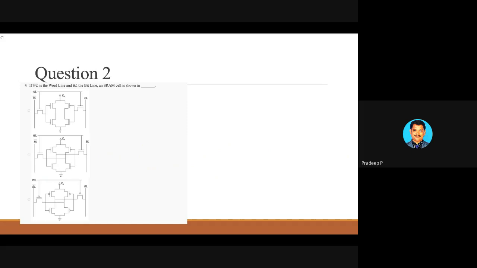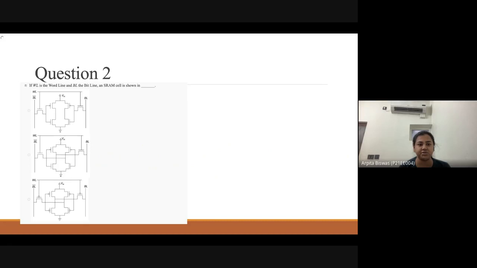Option three, madam. Can you explain a little bit? Yes, madam. First stage output is connected to the second stage input and second stage output is connected to the first stage input. We are writing as well as reading the information from that particular location. Why option 3? Why not option B?